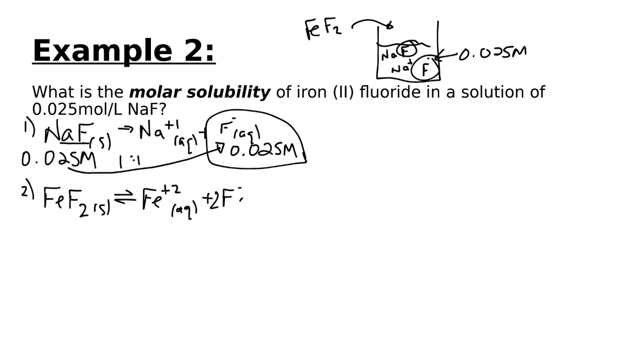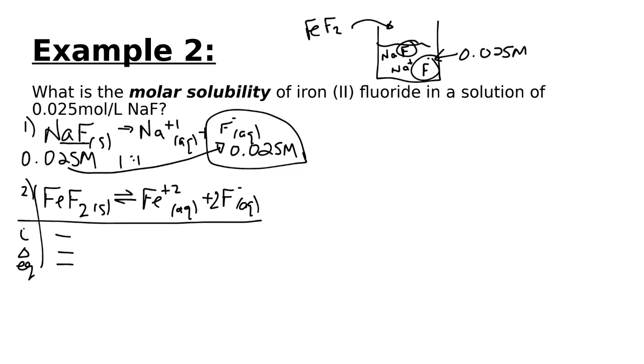So we set up our dissociation equation just like we did in the previous example. And now we have to set up an ice chart because I have an initial concentration of the common ion. We still do not care how much solid we dump into that beaker. We know it doesn't matter how much solid we put in. We just assume it's saturated and the ions will dissociate to the extent that they can at that given temperature.